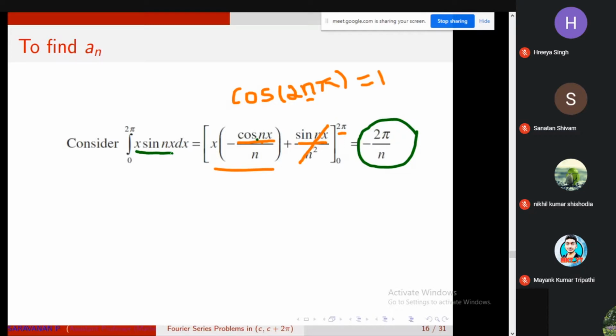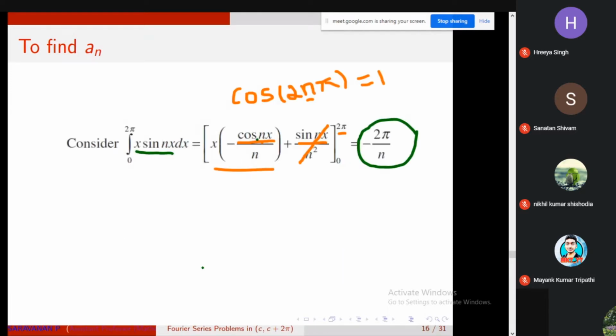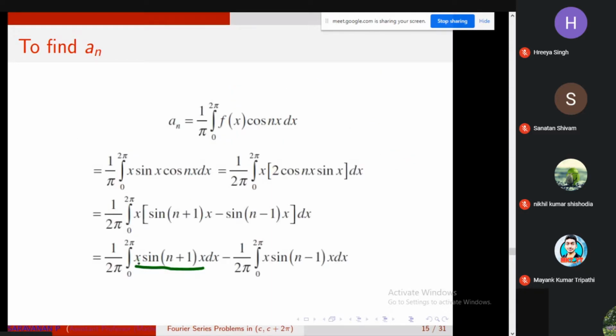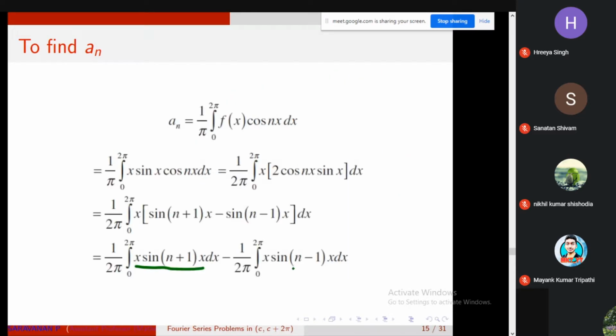Now going back to the previous integral, we have x into sin n plus 1 x. If it is x into sin nx, we get minus 2 pi by n. Therefore, if it is x into sin n plus 1 x, we get minus 2 pi divided by n plus 1. Similarly, this integral is sin n minus 1 x.